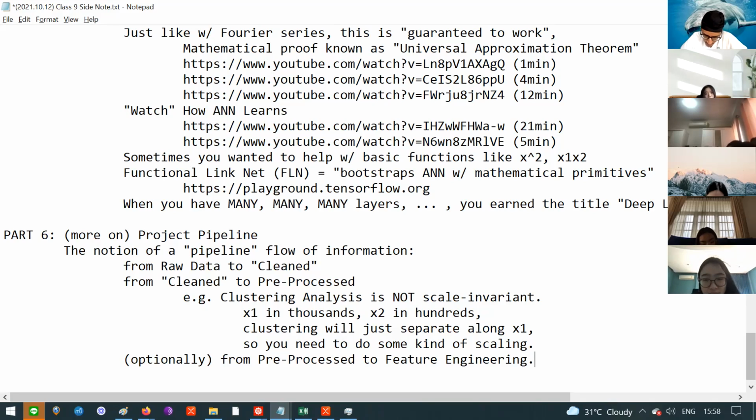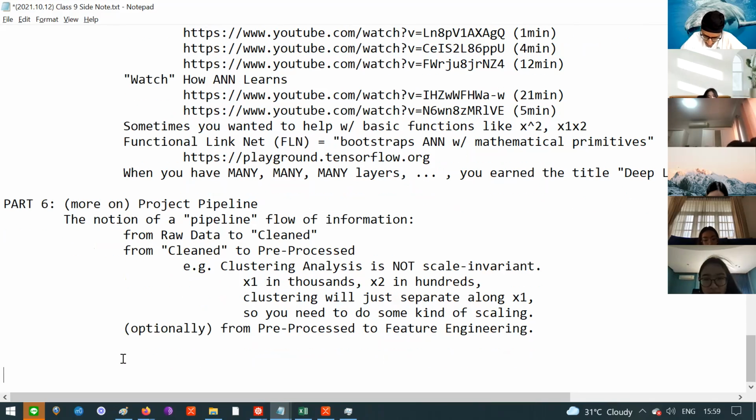In other words, sometimes you have some kind of insight from business that X1 is not useful, but X1 divided by X2 is, or something like that. Okay?